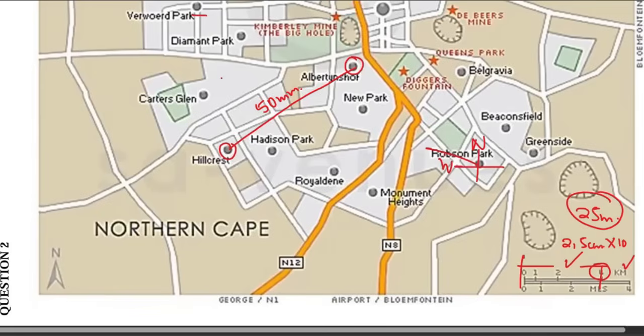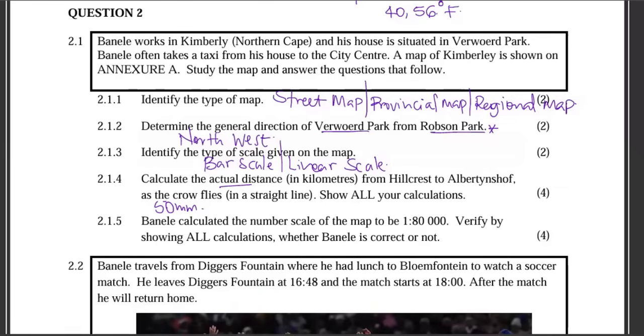So the scale is 4 kilometers are equivalent to 25 millimeters. So we're changing millimeters to kilometers. We put here the 50. We measured the scale and got 25 millimeters.